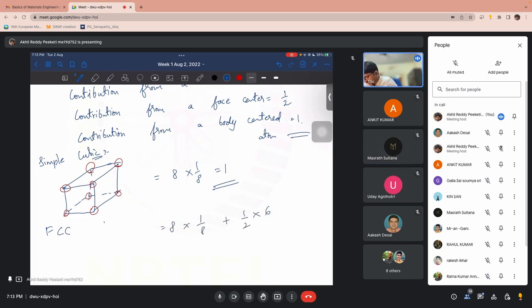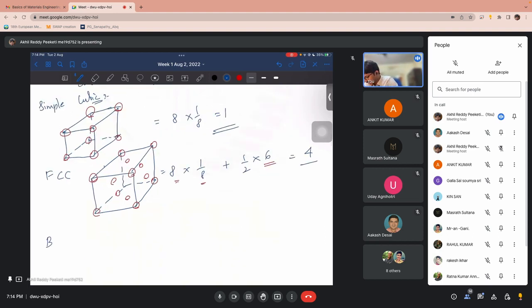Because FCC will have atoms at 8 corners and in the centers of 6 faces. So from 6 faces we will have half contribution from each face, and then from 8 corners we will have 1 by 8. So the final would be 4.